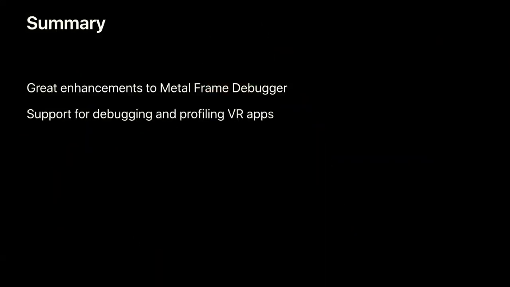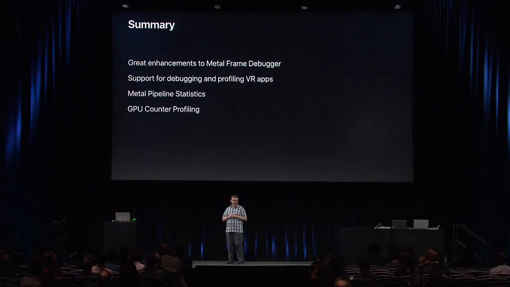We've talked about support for debugging and profiling VR applications in Metal Frame Debugger and Metal System Trace. We've talked about Metal pipeline statistics, giving you a direct line to the GPU compiler for performance information. And we've introduced GPU counter profiling, giving you unheralded access to GPU performance counter data in Metal.